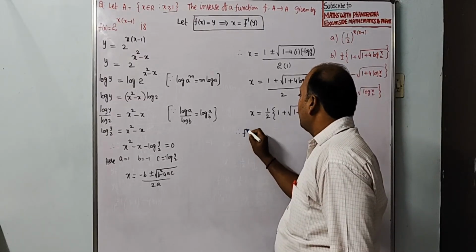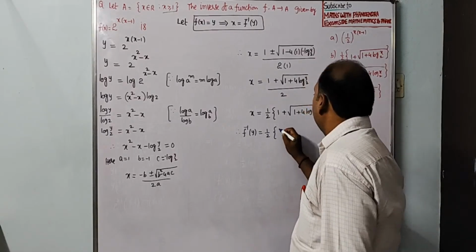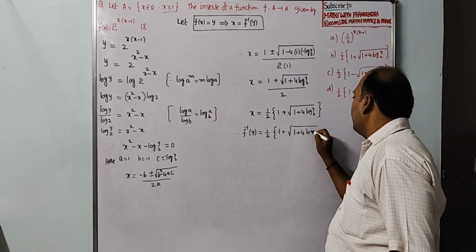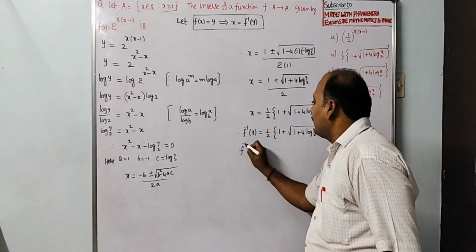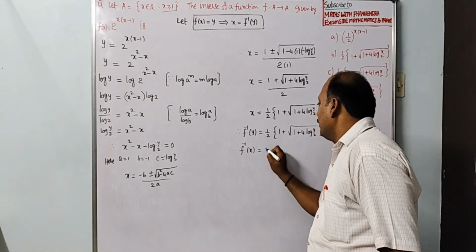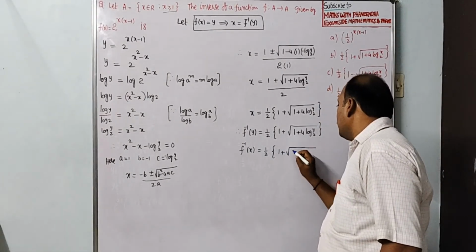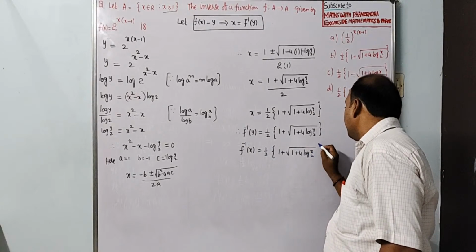Therefore, f inverse of y equal to 1 by 2 into 1 plus root 1 plus 4 log y to the base 2. F inverse of x equal to 1 by 2, 1 plus root 1 plus 4 log x to the base 2.